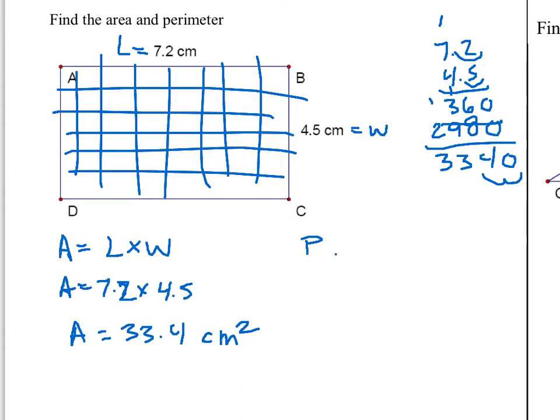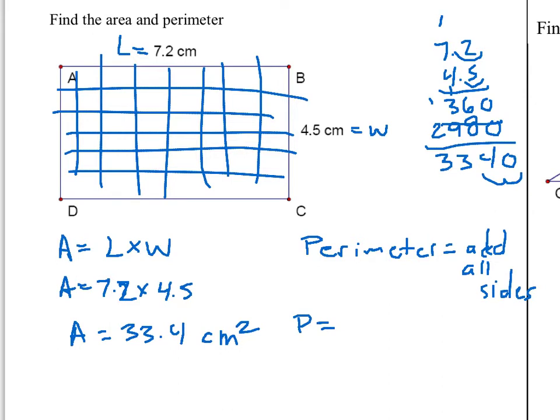Perimeter. What is the perimeter of a rectangle? Adriana. Add them all. So we add all sides. How many sides are there to a rectangle? Wait, I only have 2 numbers here. I don't get it. What do you mean there's 4 sides?